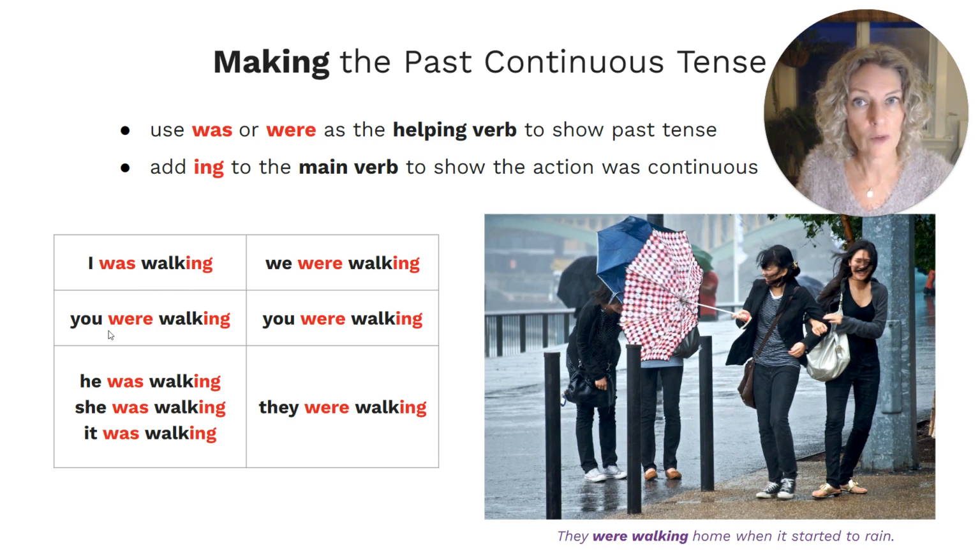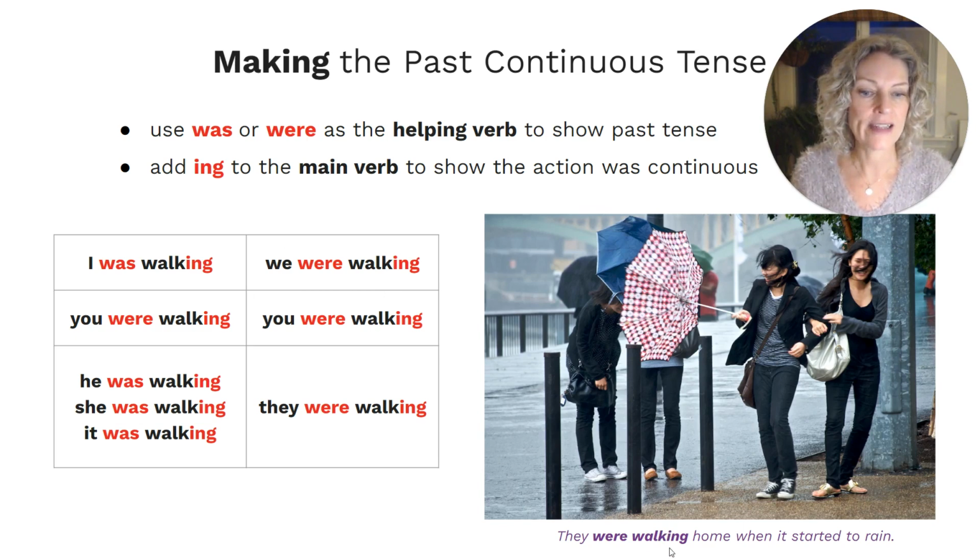So in this case, it would be you were walking. And then it changes back for he, she, and it. You go back to was, and then add ing to show that the action is continuous. And then it goes back to were again for we, you, and they. We were walking, you were walking, they were walking.